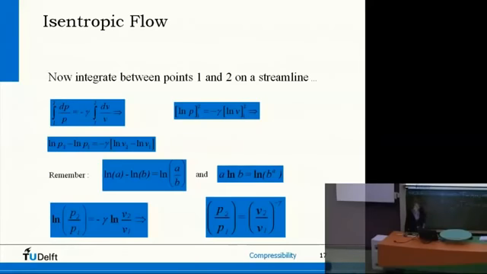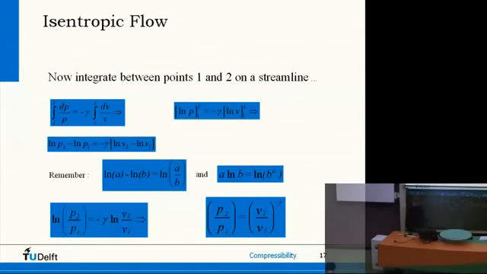So number one, if we use this one here, I have ln P2 minus ln P1, so that is the same as ln P2 over P1, right? Here, minus gamma times ln V2 over V1. Then I can take this minus gamma in front and use this relation and say that's the same as V2 over V1 to the power minus gamma.